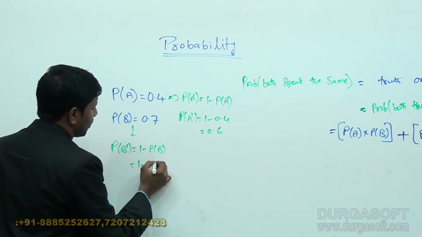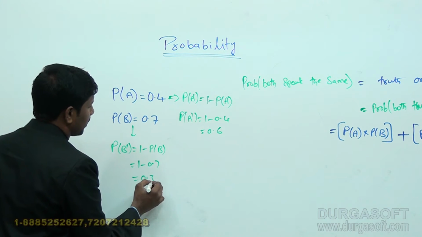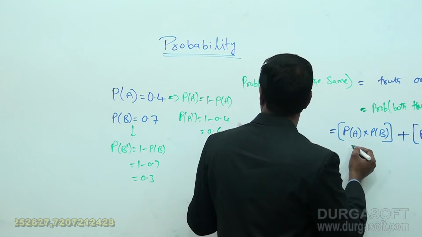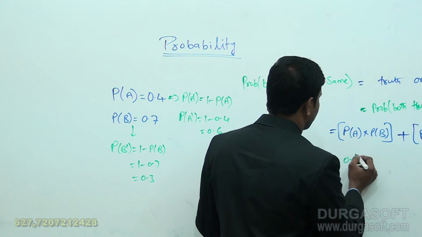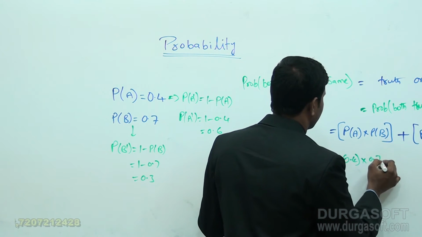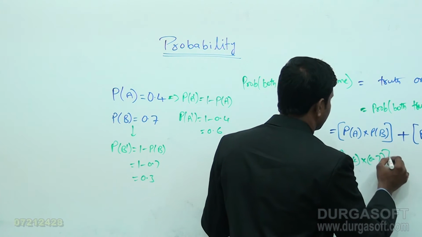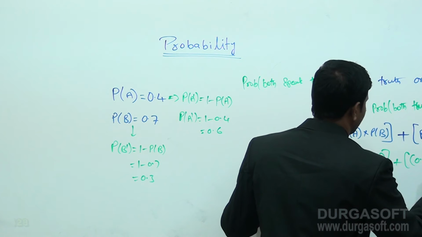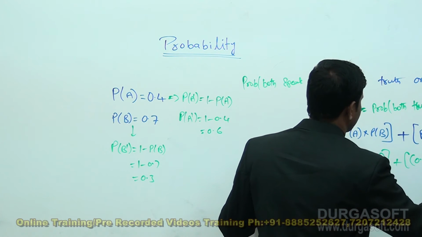So 1 minus 0.7, which is 0.3. Now when we substitute these values, we get the probability of A, 0.4 into 0.7. This is the first value. The second one, 0.6 into 0.3.